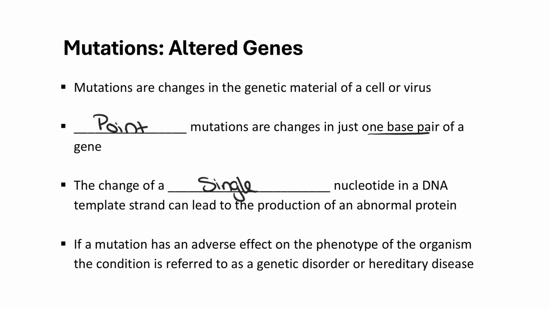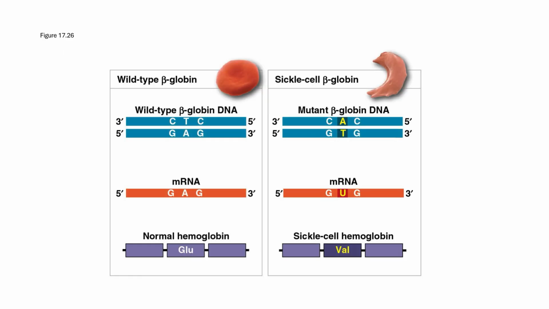If the mutation has an adverse effect on the phenotype, which is what we can see of the organism, the condition is referred to as a genetic disorder or hereditary disease. An example where we can have a point mutation that does allow for a phenotypic change is sickle cell anemia.